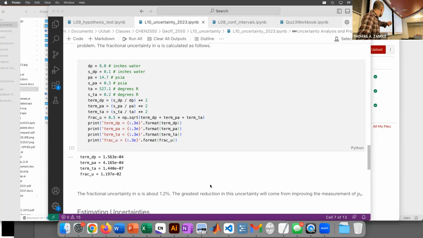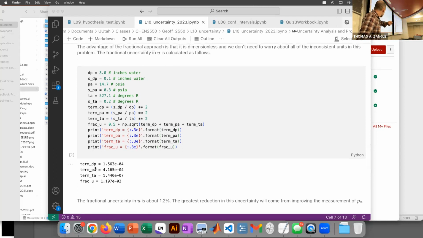So that's what this second piece is here. The Python code to compute that is up here, and we can see that the largest one was the term relating to the ambient pressure.